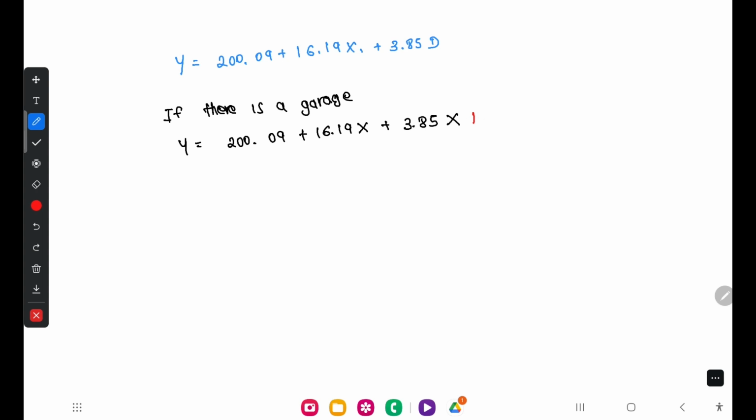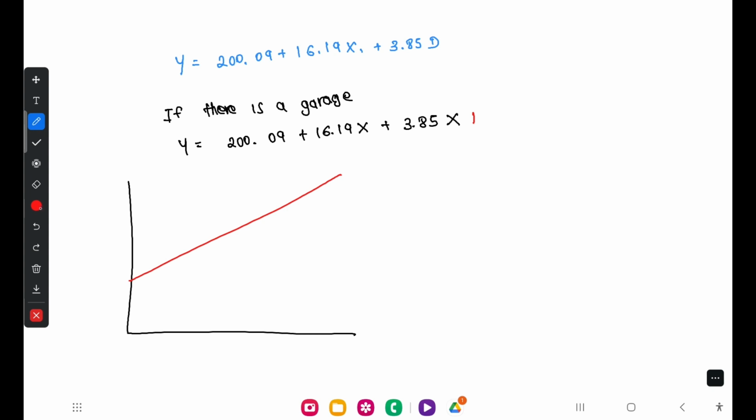Okay, so if I draw the graph, this is that equation if the house has a garage.